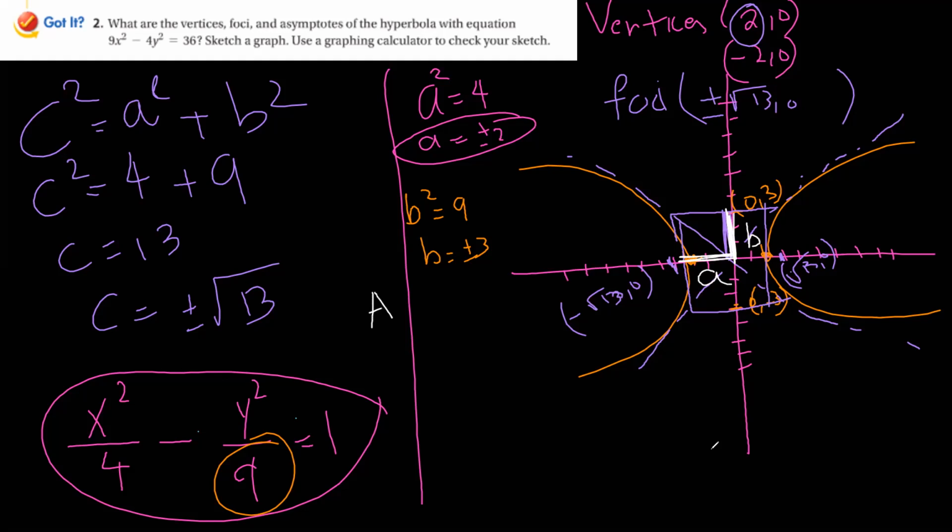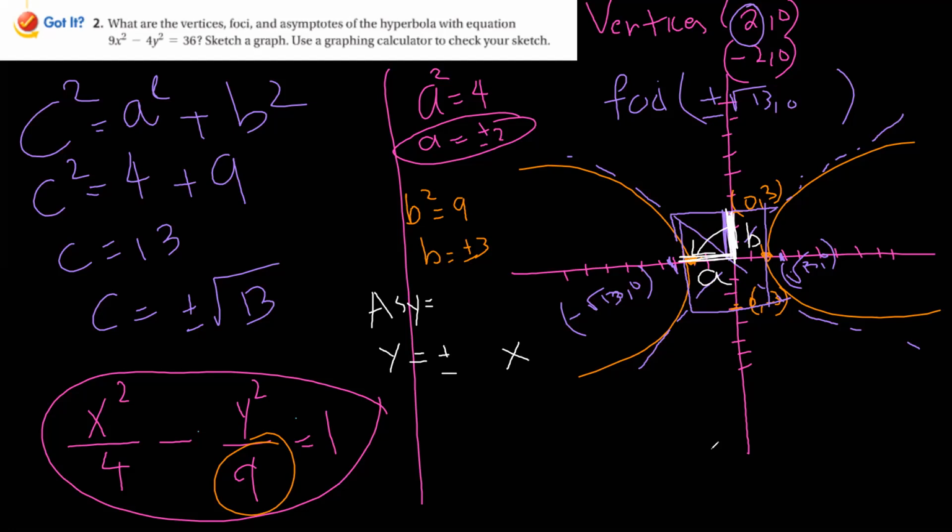The asymptotes, if I want to find them, are y equals positive or negative b over a x. Look here, they have b over a. In the previous one, it was a over b because it was vertical. Here it's horizontal, so b over a.